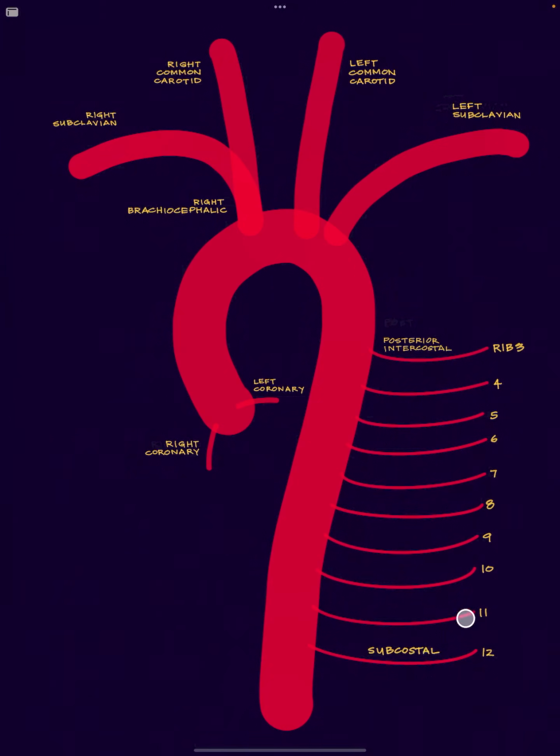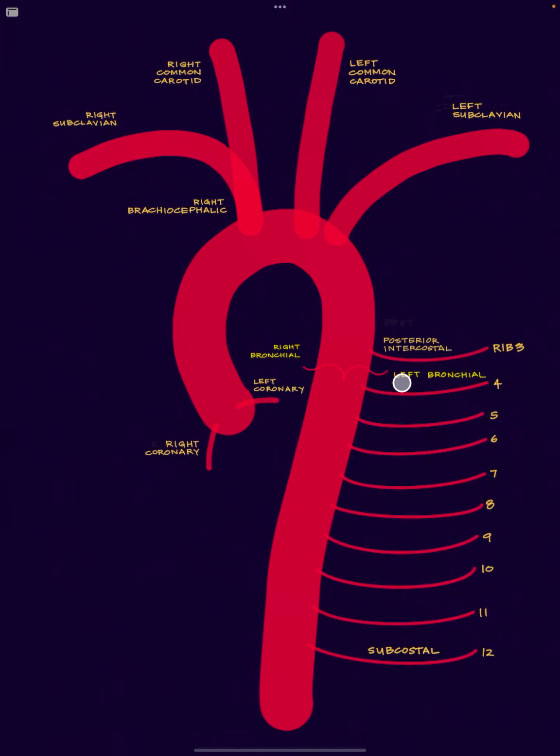Now notice you don't have intercostal arteries from the first and second ribs that come directly off of the aorta. Instead, intercostals for the first and second ribs come off of the costocervical trunk, which is a branch of the subclavian arteries.